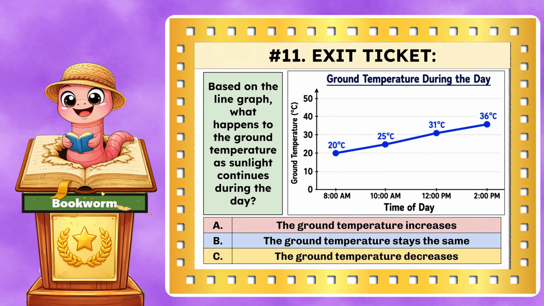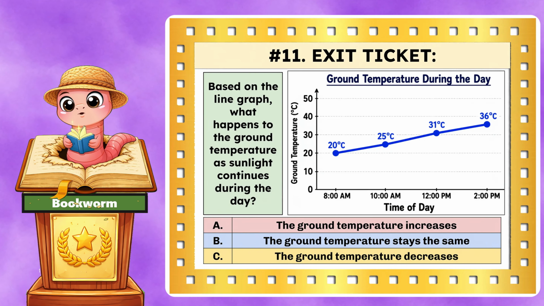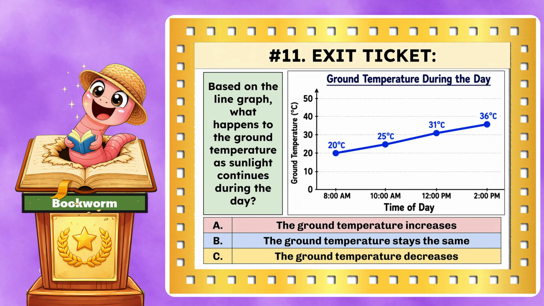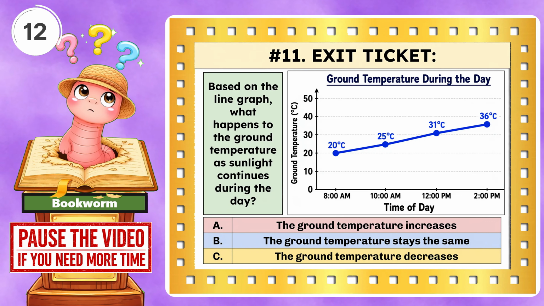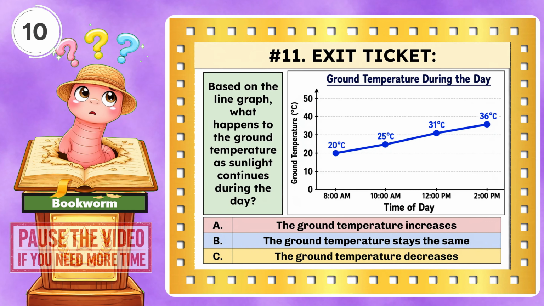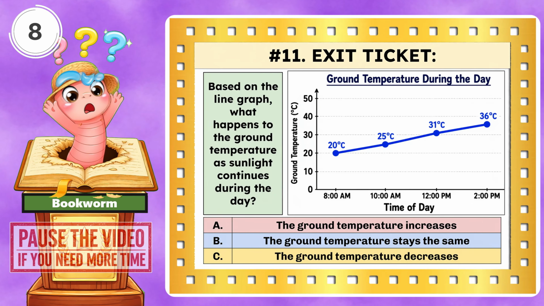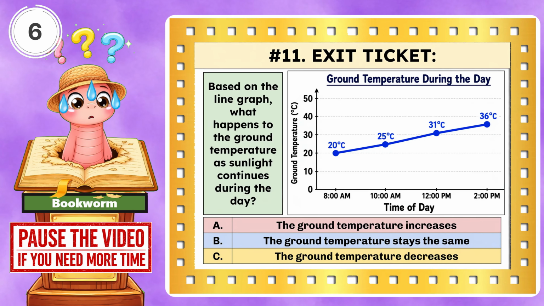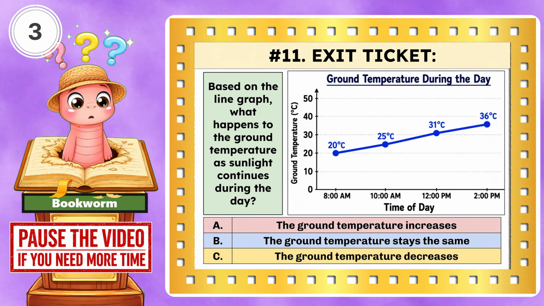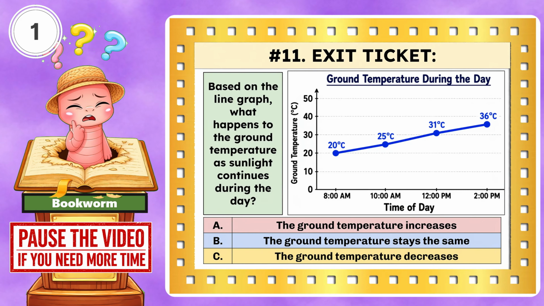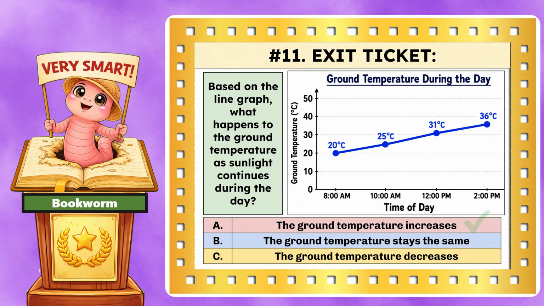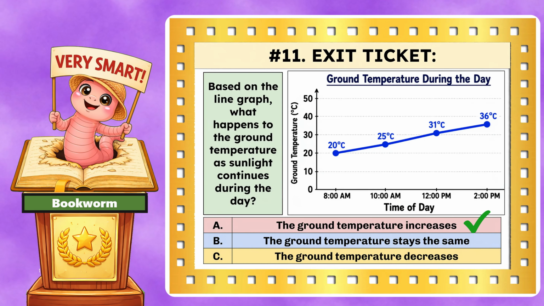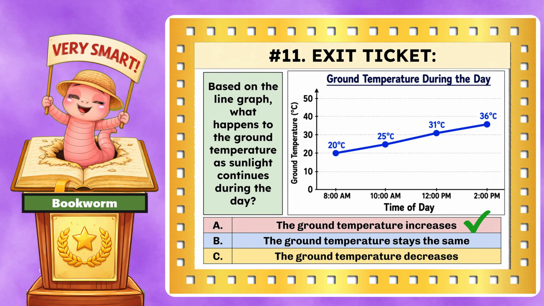Based on the line graph, what happens to the ground temperature as sunlight continues during the day? And the correct answer is letter A, the ground temperature increases.